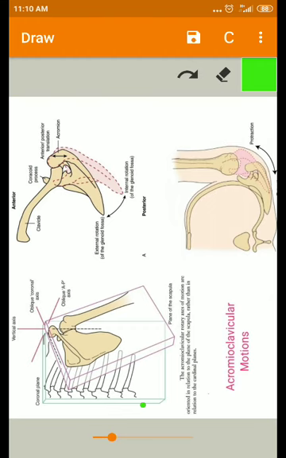In the rotation of the clavicle, some movements are caused at the scapula level, we have studied. During protraction and retraction, what is happening? There is some movement of the scapula also. So always whatever movement is taking place at the scapula is related to the movements taking place in the clavicle.